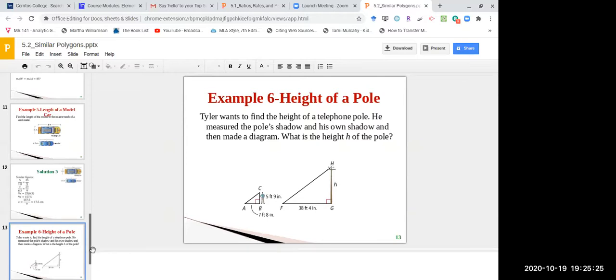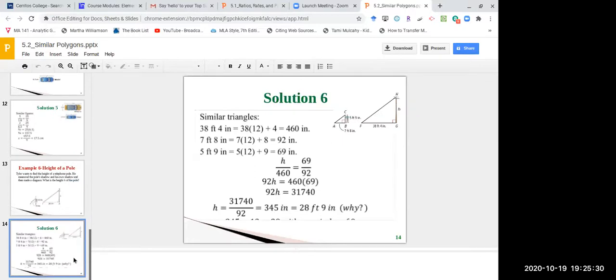So if you look on the next slide, you see how the similarity works. So we have 3 feet 4 inches, which is the length of the shadow, is equal to 460 inches. 7 feet 8 inches, which is the length of his shadow, and 5 feet 9 inches is 69 inches.